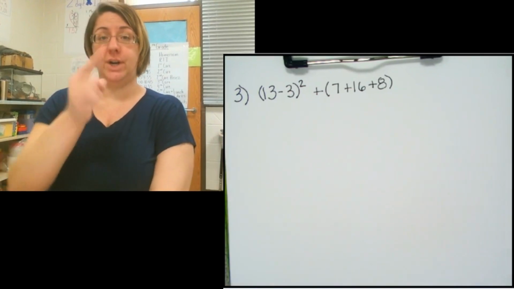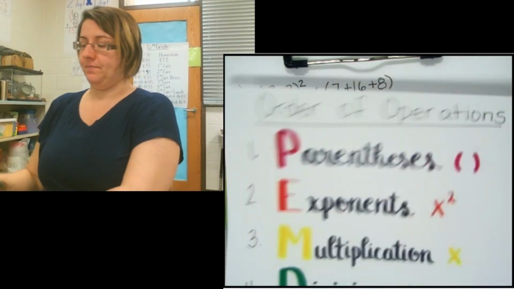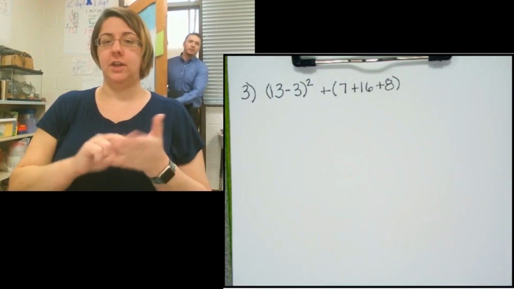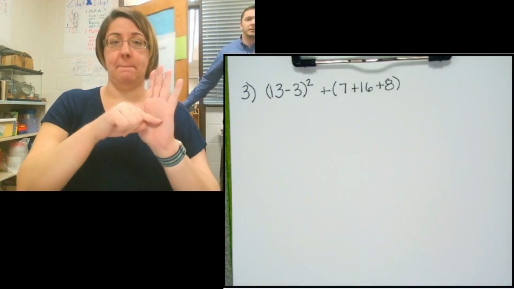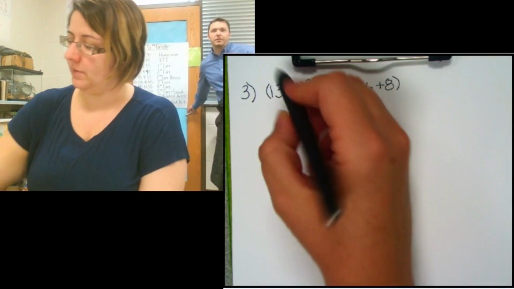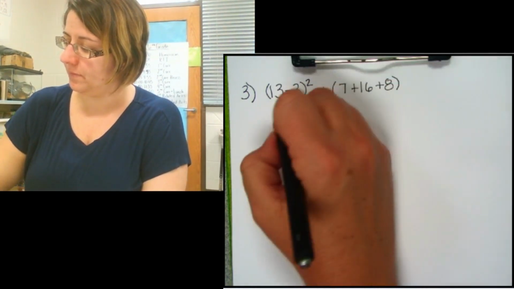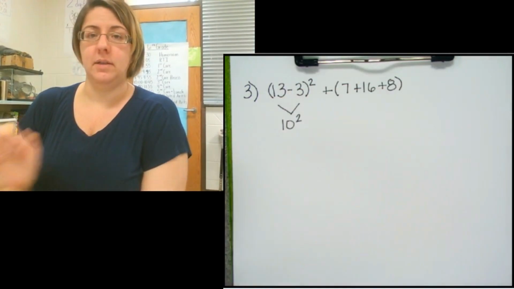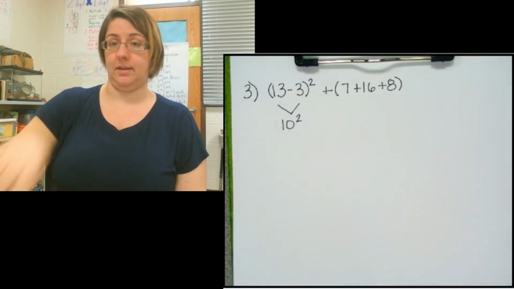So, first, what do we do? Parentheses. So that means 13 minus 3. That makes it 10 to the second.